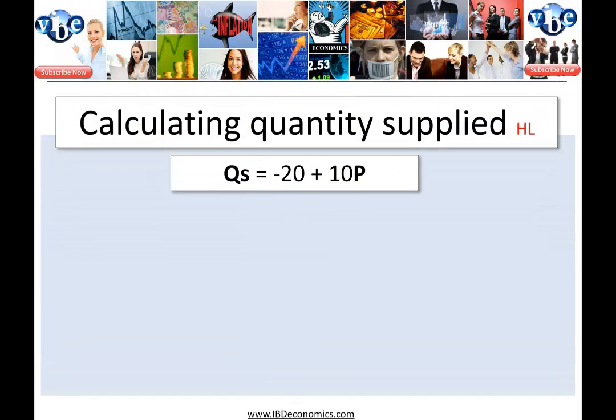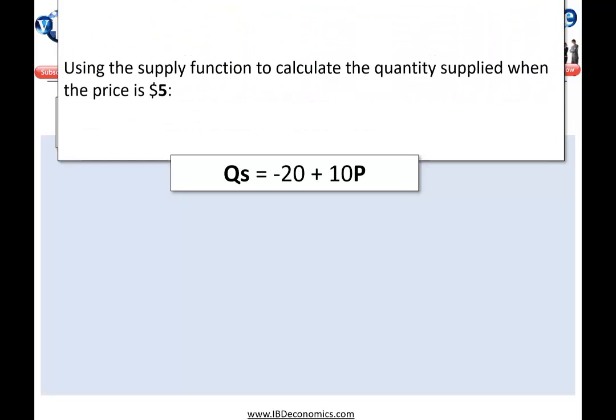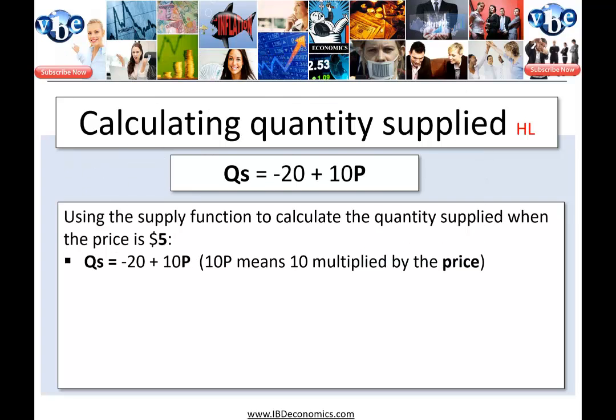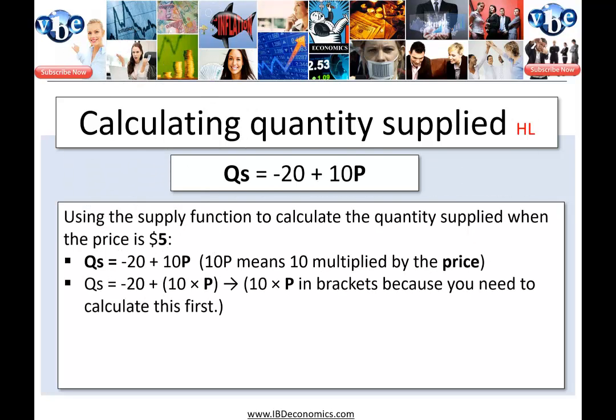Calculating quantity supplied, this is nice and easy. It's just simple substitution. We plug in the variable for P. So if the price is $5 and we have the quantity supplied function here, QS equals minus 20 plus 10p, all we're doing is multiplying that final 10 by the price. 10p means 10 multiplied by the price. 10 and p is in brackets because we need to calculate that first.